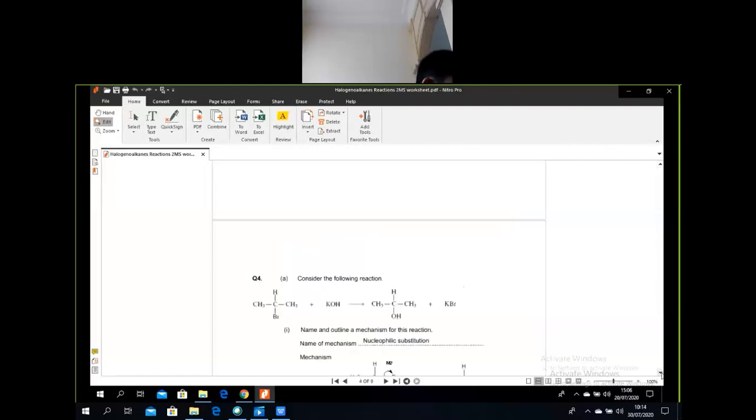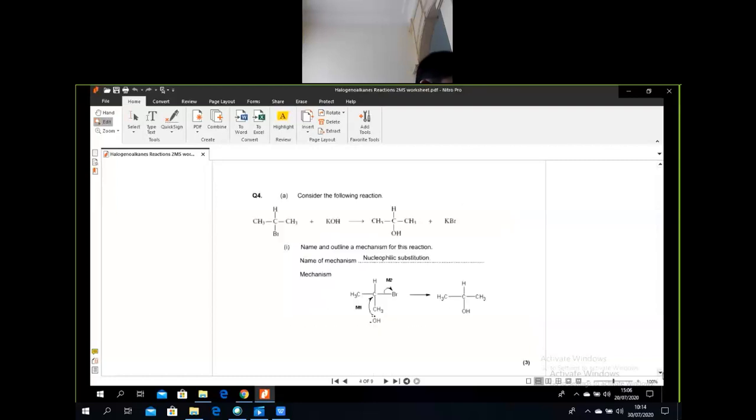Next, number 4. Consider the following reaction. When a halogenoalkane reacts with potassium hydroxide, this one will become an alcohol. We have to see here that this halogenoalkane is a secondary type.